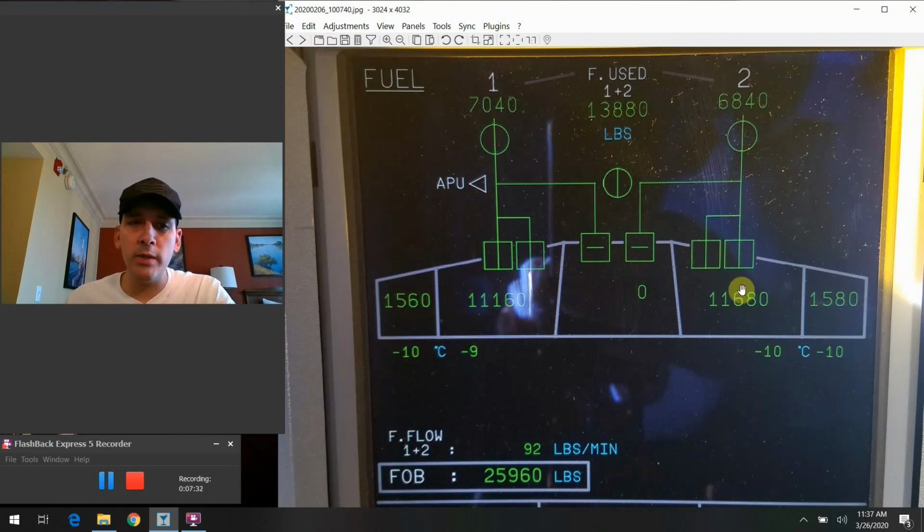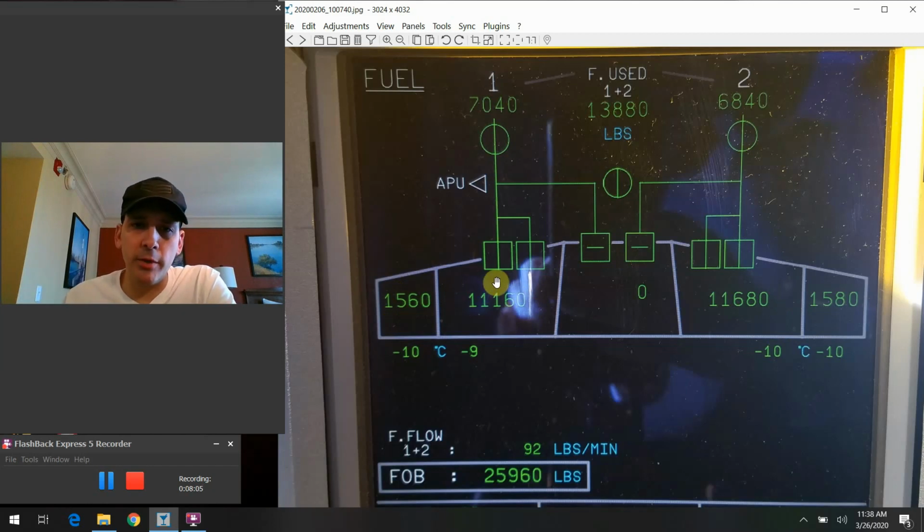Now these will go down in quantity till we get to a level of 1,650 pounds in the left and right wing tanks. And when that happens, there are little valves that will open up in the outboard portions of the tank, and it'll allow the fuel, by gravity, to flow down into the main tank here and fill it back up to whatever level equates to the fuel that had been remaining.